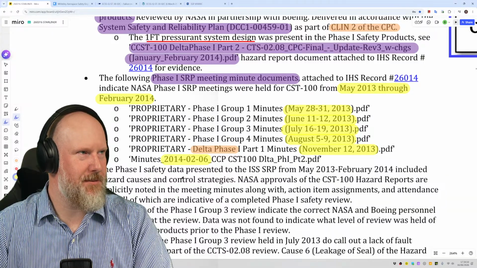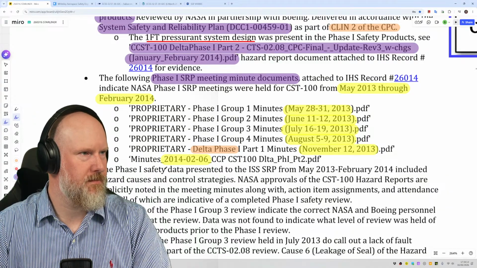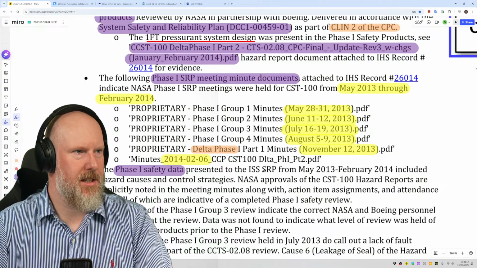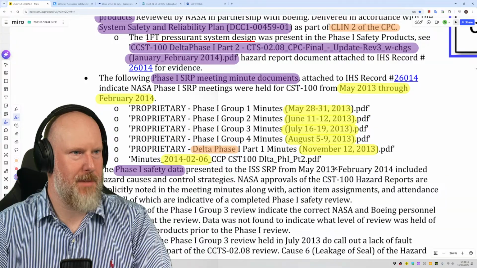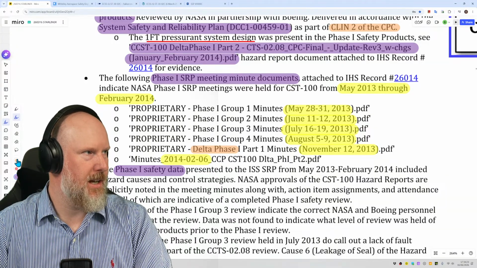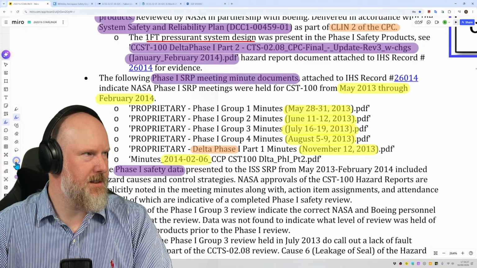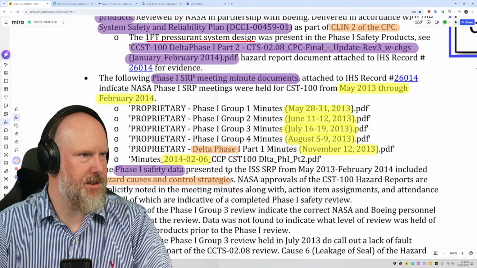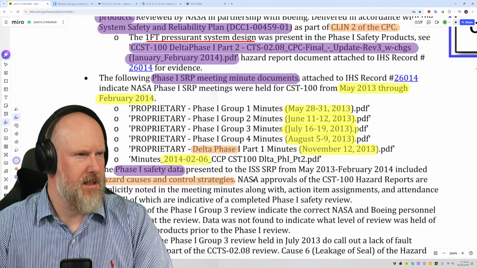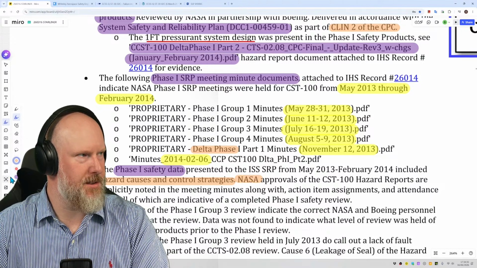The Phase 1 safety data presented to the ISS SRP from May 2013 to February 2014 included hazard causes and control strategies. NASA approvals of the CST-100 hazard reports.